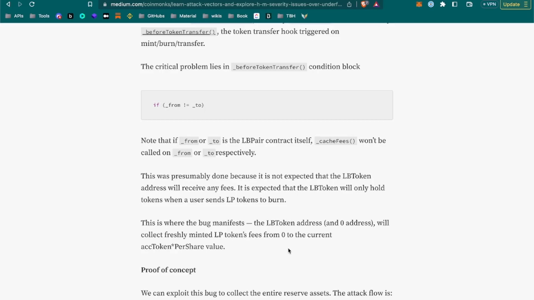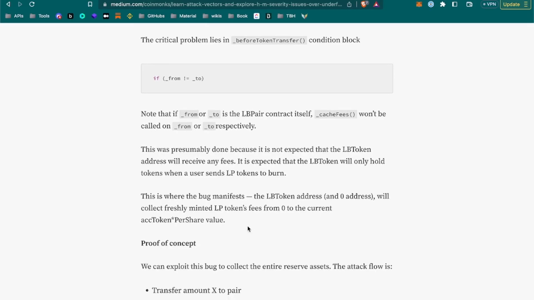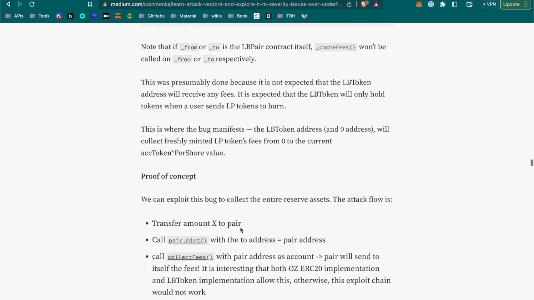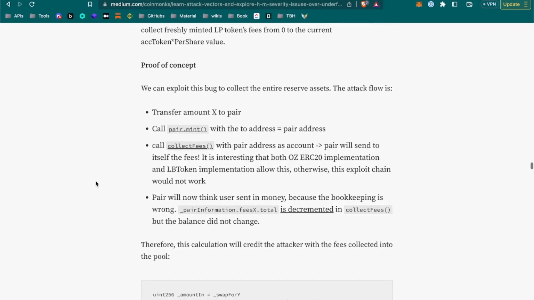The LB pair address and the zero address will collect freshly minted LP tokens' fees from zero to the current accumulated token per share value. They made a proof of concept specifying an attack flow. This is a very good approach for a proof of concept.